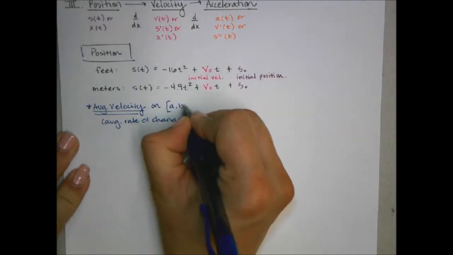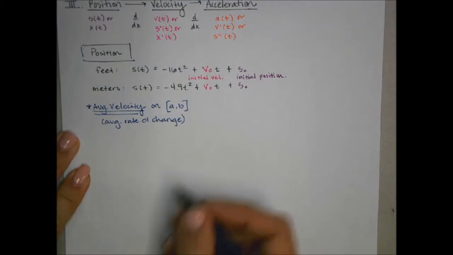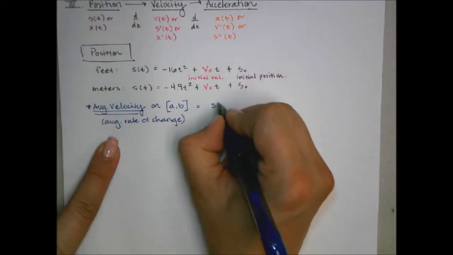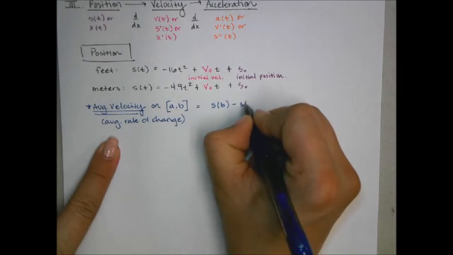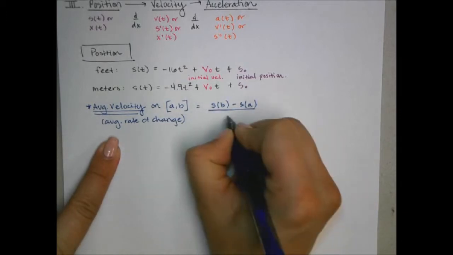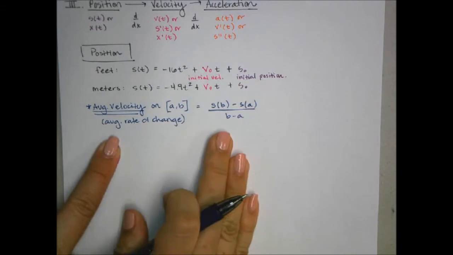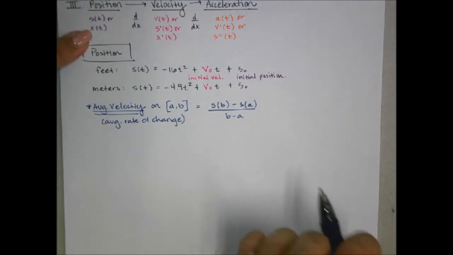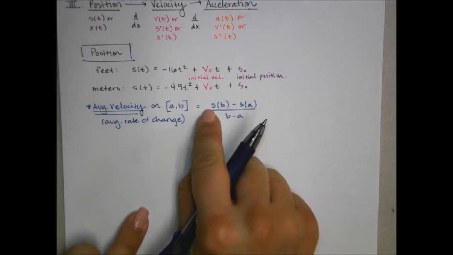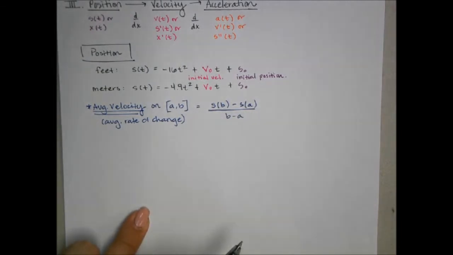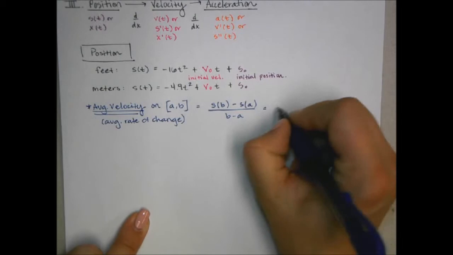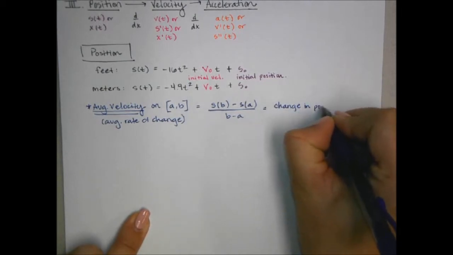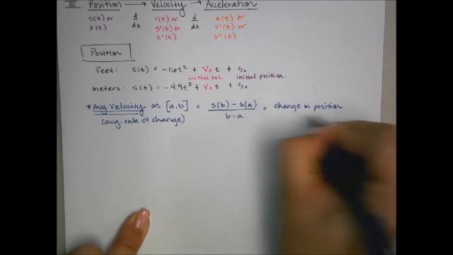So again, we'll say on an interval AB, this would be S of B minus S of A over B minus A. So again, it just depends on what the function's called, if it's S, X, or even F of T, F of B minus F of A. So it's just the same thing. This is change in position over change in time.